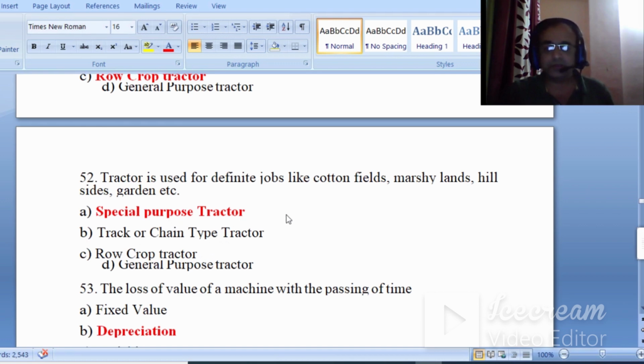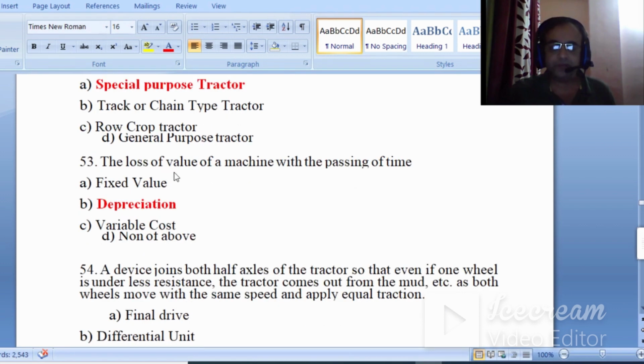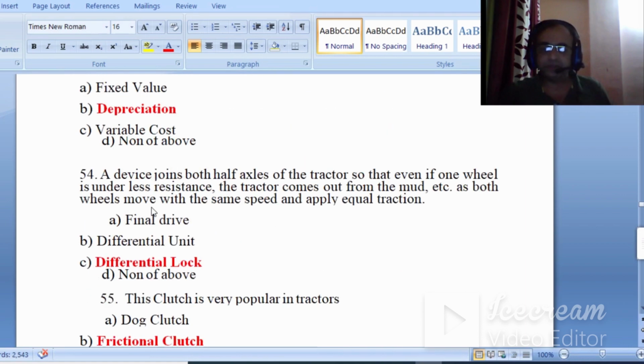So special purpose tractors are used for that purpose. Then we'll go into the cost of operation of the tractor or farm machinery. The loss of value of machine with passing of time, which is not a fixed value, is depreciation. The loss of value of machine with passing of the time is known as depreciation.